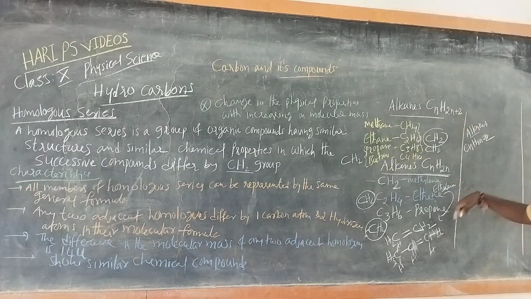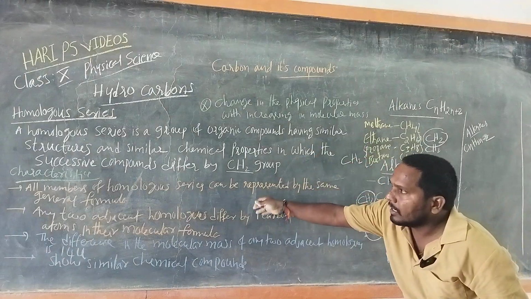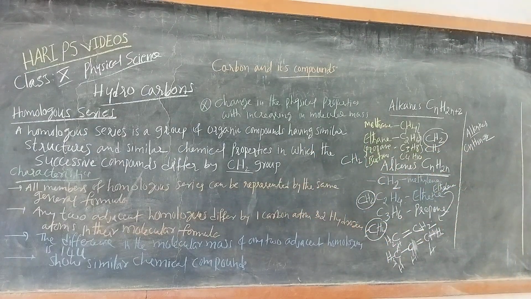These are the homologous series of alkanes, alkenes and alkynes. I am explaining all three at a time while understanding the characteristics. For alkynes, CnH2n-2: if n is equal to 1, C1H0, so you do not observe a triple bond between carbon and carbon. If n is equal to 2, C2H(2 into 2 minus 2), so C2H2, 4 minus 2.